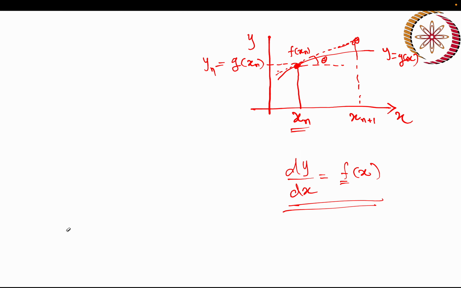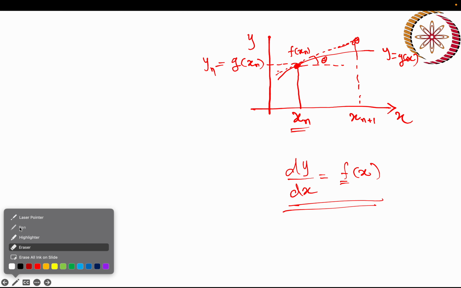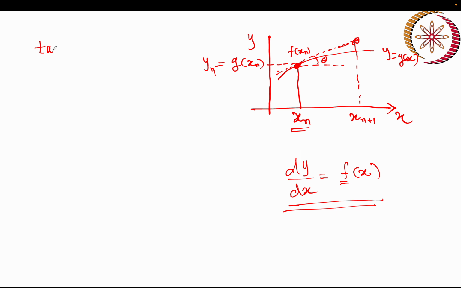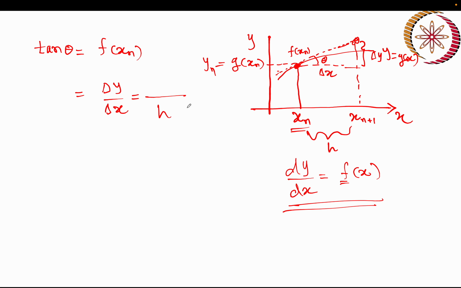So tan theta is equal to f of xn, and tan theta is delta y by delta x, where the step size is h. Let's say yn is this value.